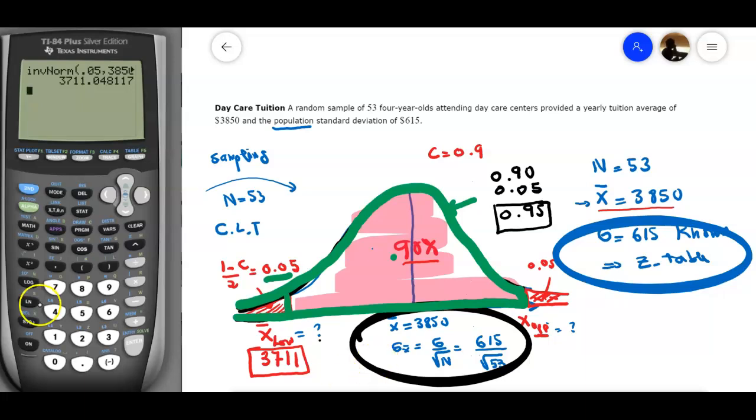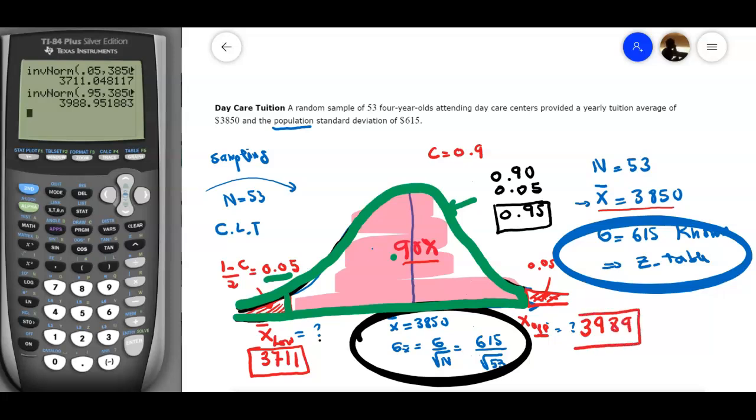Everything else stays the same. So I'm going to do exactly the same thing. Second, vars, go to inverse normal, enter, and that's the only thing that you're going to change. You're going to put 0.95, and everything else is the same. Paste, enter, and that's going to give you the value 3988.95, which whenever you round it is 3989.